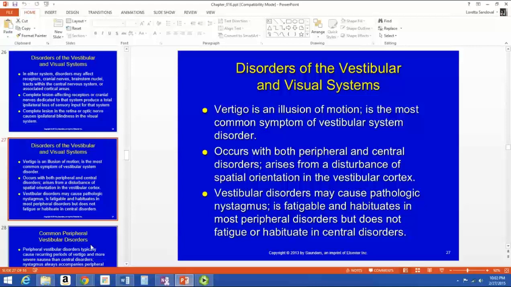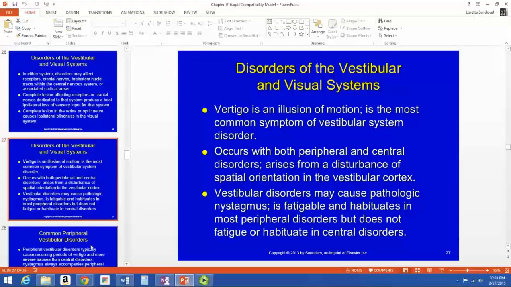So you see their pupils move back and forth. It's fatigable, meaning that it diminishes over time, and it habituates in most peripheral disorders, but doesn't fatigue or habituate in central disorders. That is the way you can differentiate between a peripheral and a central disorder.